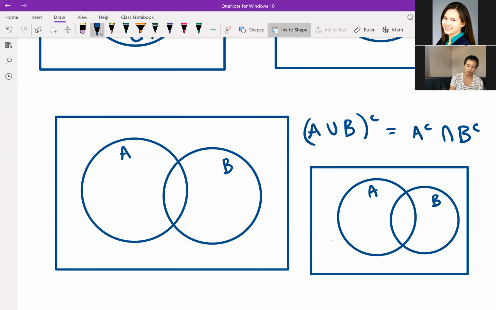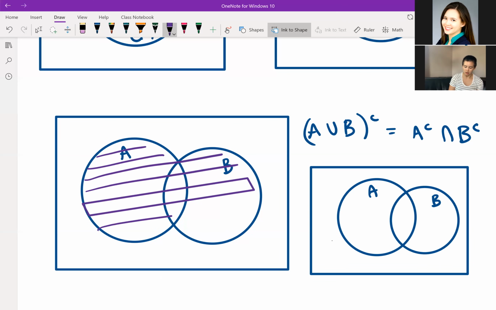Okay, over here we're going to do this left part. So A union B is the purple shaded area. And then we want A union B complement. So we want everything that's not in that shaded area.